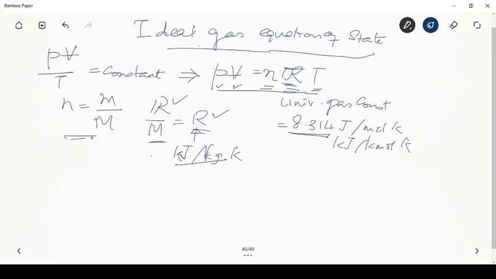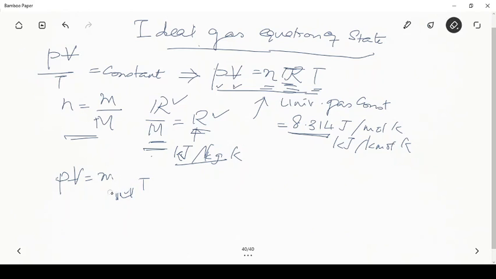So if I substitute this expression into this equation, then I get PV is equal to m into R by M into T. So this becomes small r. I'm sorry about my writing today, because I'm using a different device.